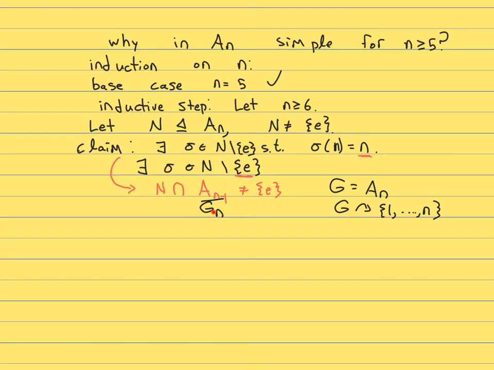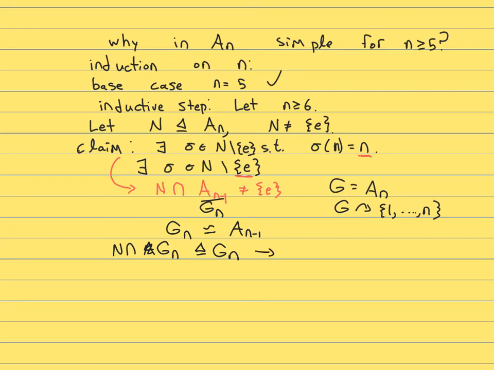They intersect N non-trivially. This is isomorphic to a smaller alternating group by one of the isomorphism theorems. This is a normal subgroup of G_n.